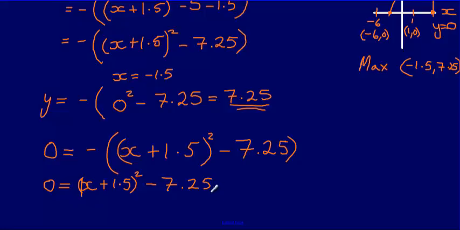Then, if I now follow this through and start solving it, I'm going to bring the negative 7.25 over to this side of the equal sign. So that's going to give me 7.25 equals (x plus 1.5) all squared.